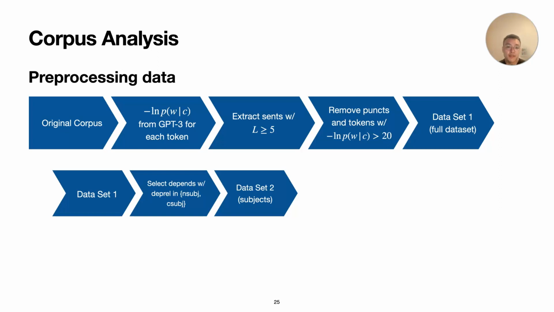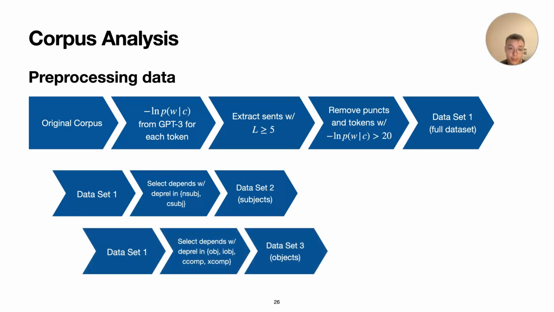In addition to the effect in general across all the dependency types, we also want to take a closer look at the effect for dependencies that include core arguments of the sentence. So, we further selected dependencies whose dependents are annotated as N subject or C subject, and this gives us the second dataset, which only includes subject relations.